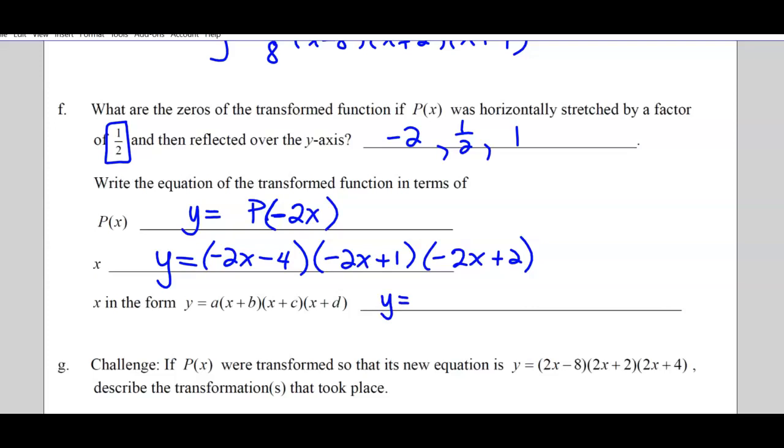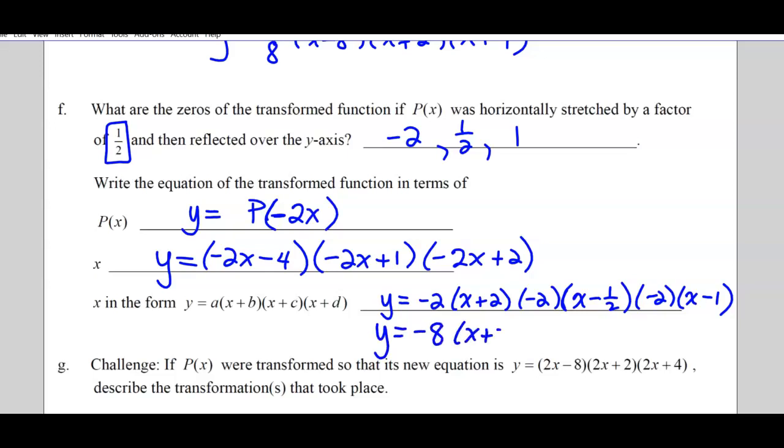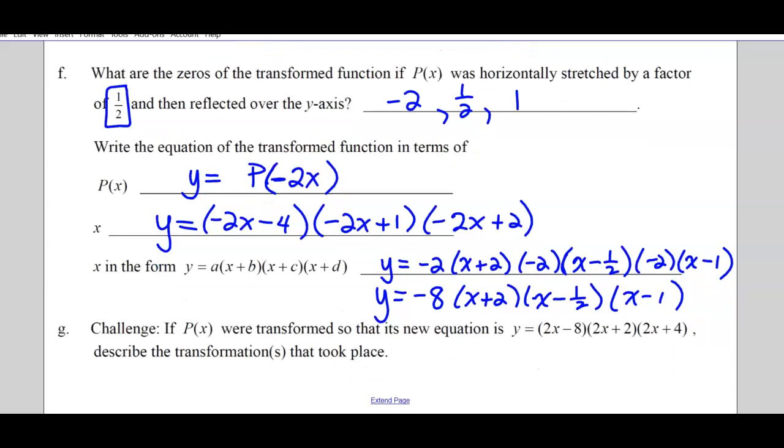So here, -2 times -2 times -2 is -8. This is not how we would normally want to show it, but in this case we have to, because we have to follow the form that's given.